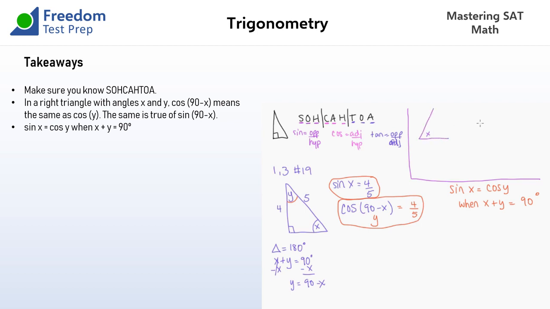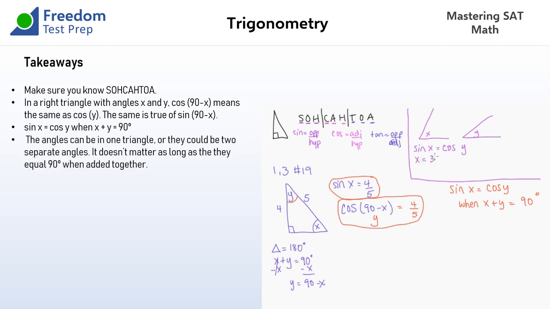So let's say this is X and this is Y, and they tell you that sine of X equals cosine of Y. Now, if this is true, then you know that X plus Y equals 90. So if they then tell you X equals 3X minus 1 and Y equals 5X plus 6, you can say, well, the two of them together are going to equal 90.